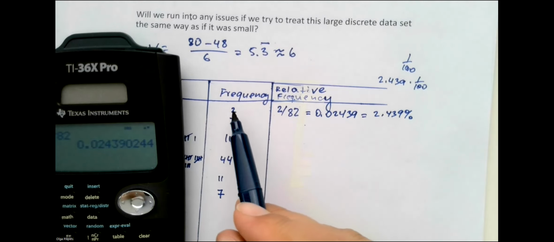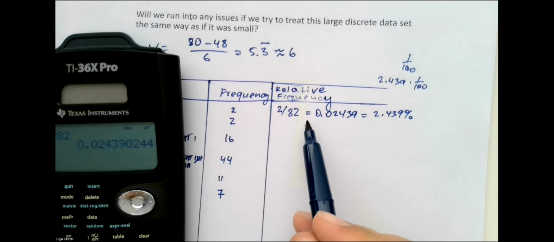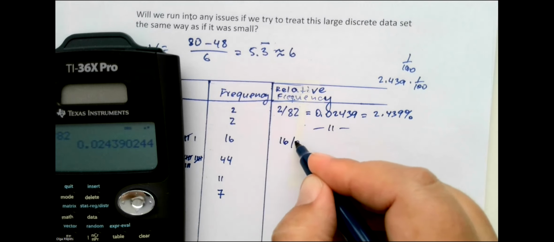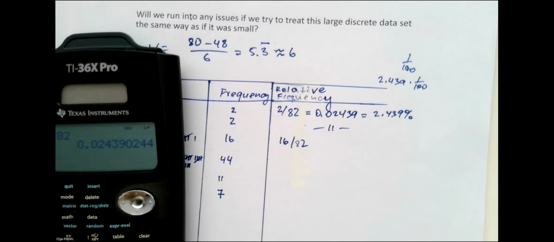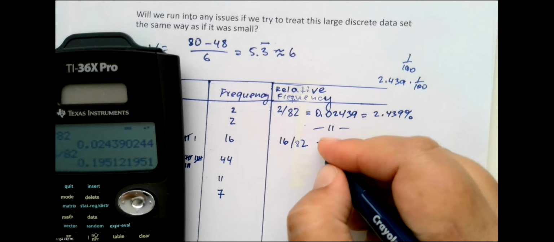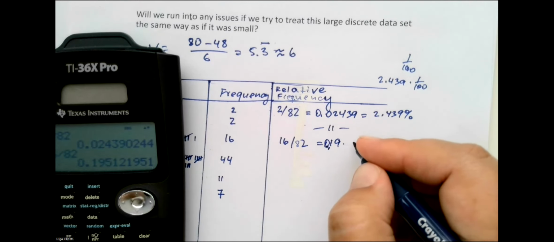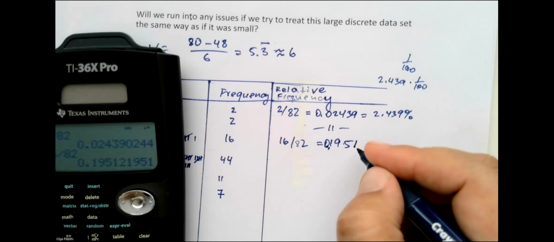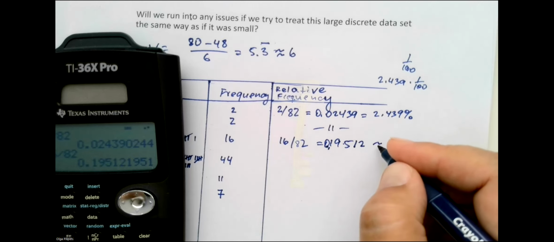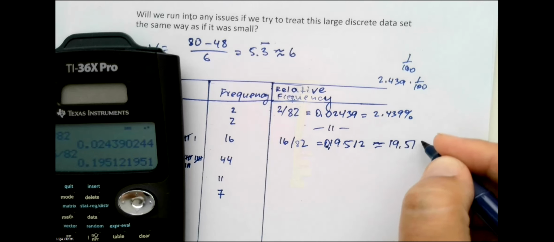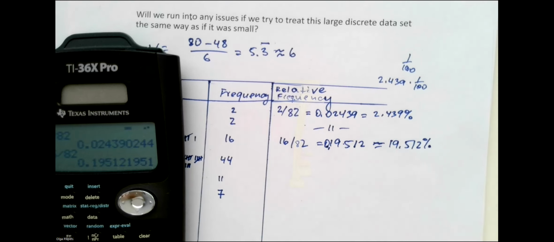So for the second class, our frequency is also 2, so it's going to be the same as above. I'm not going to waste your time on that. For the next one, we have 16 over 82. That gives us 0.195112, and that's going to be 19.5112%, thousandths of a percent.